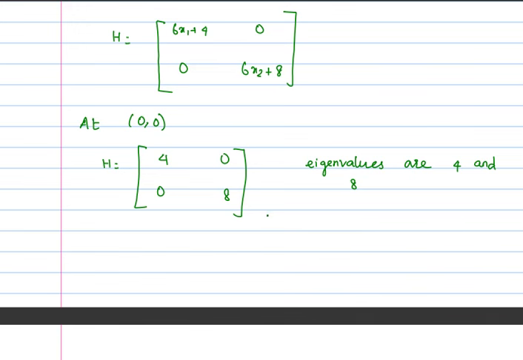So the given matrix H is positive definite. This implies the point (0, 0) is a relative minimum.